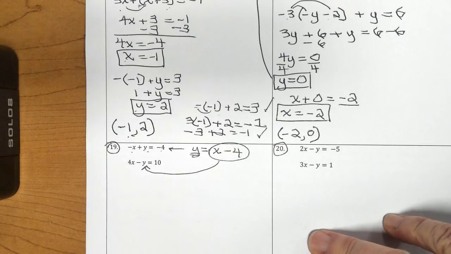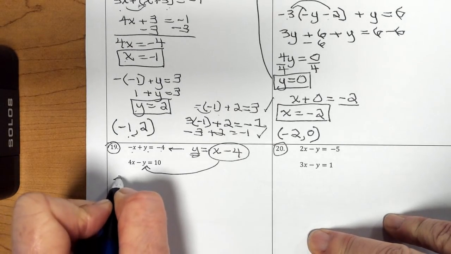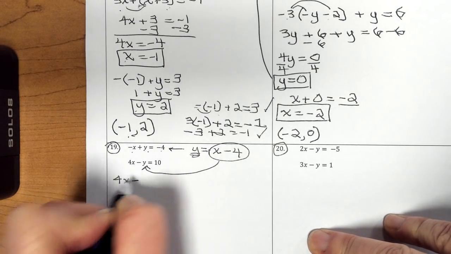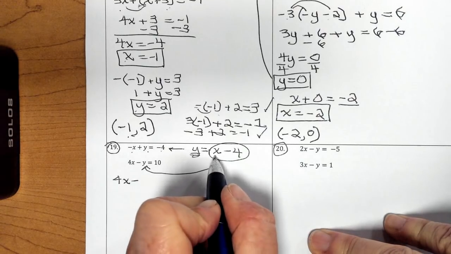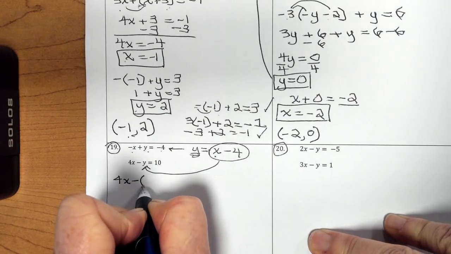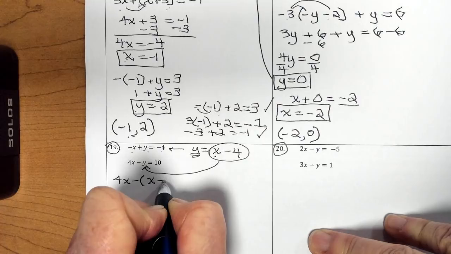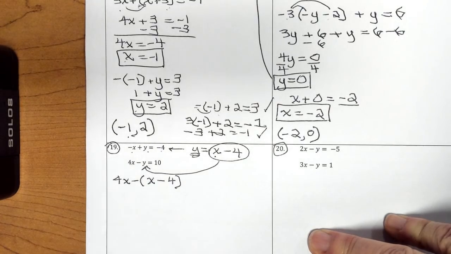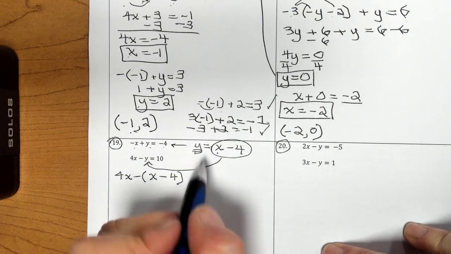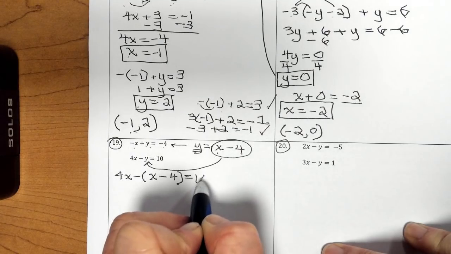So there I go. I'm going to write 4x minus, and what am I going to put in for y? This time I'm going to use parentheses again, and you're going to see why in just a minute, is equal to 10.